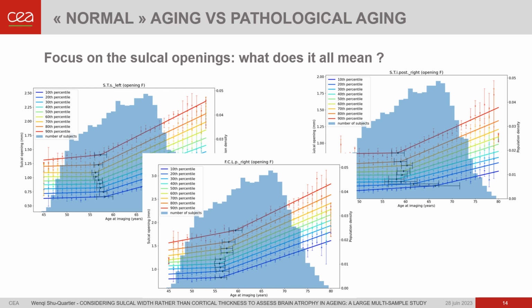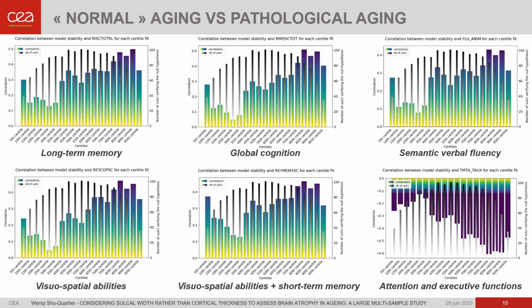or pathological. We've been talking about the lower quantiles as the healthiest subjects in the general population and the higher quantiles as the most at-risk subjects. But can we prove it? For each quantile, we calculated the double correlation coefficient between the length of the bootstrapping confidence interval of the tipping point age and various cognitive tests.